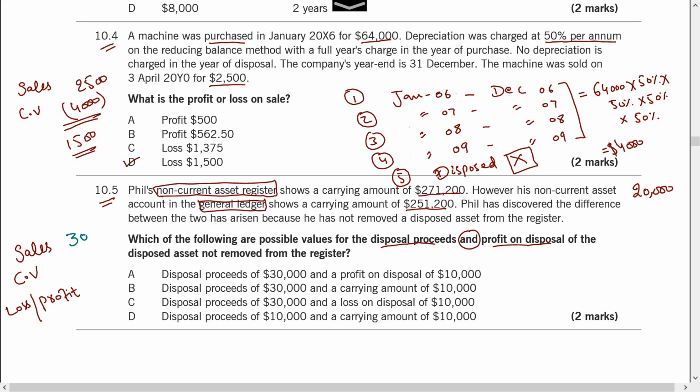So let's say if we have disposed of an asset of 30,000 and we had made profit on disposal of $10,000. And when we will do reverse calculation, we will remove 10,000 from this 30,000. And as a result, we will get carrying value of $20,000, right? And it was the difference, so it means it is the correct option.